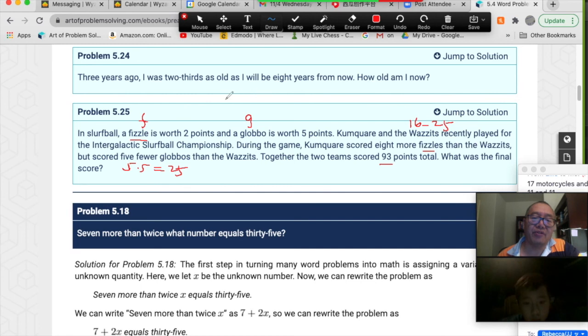Let's suppose this team, K, the total points they got is K. The second team, W, the total points they got is W. Then K plus W should equal 93, right? Because these two teams scored 93 points total.